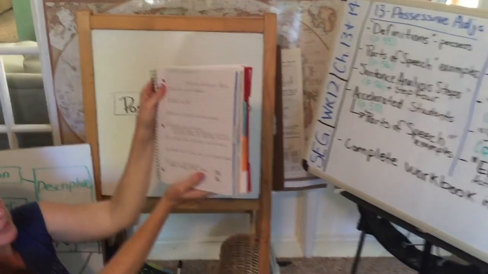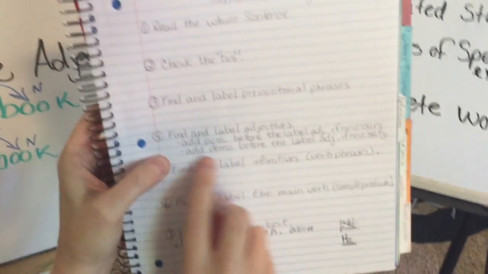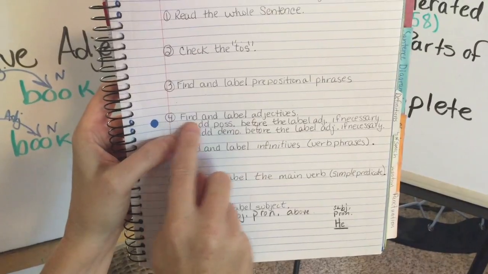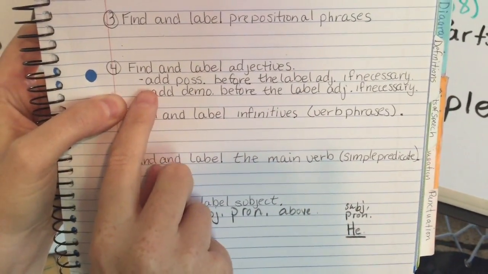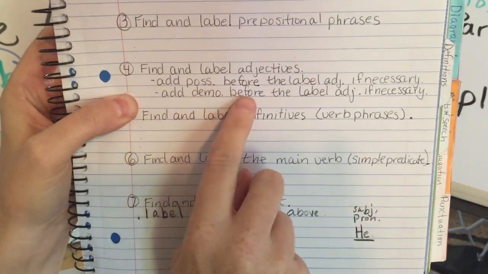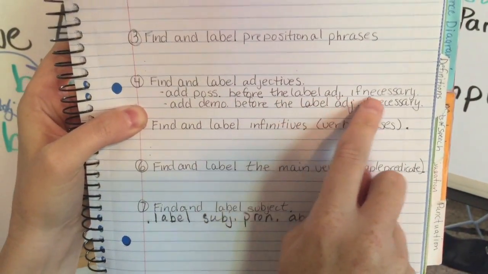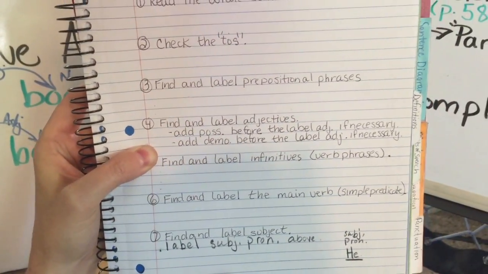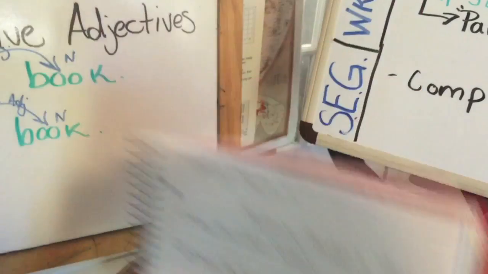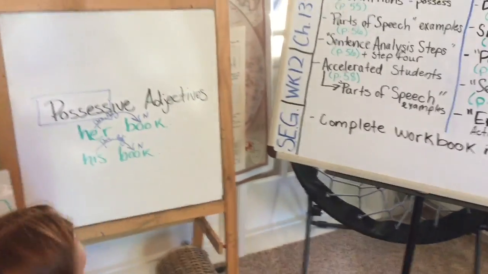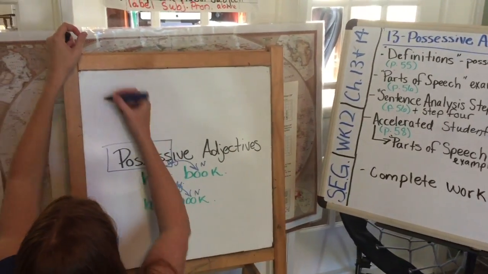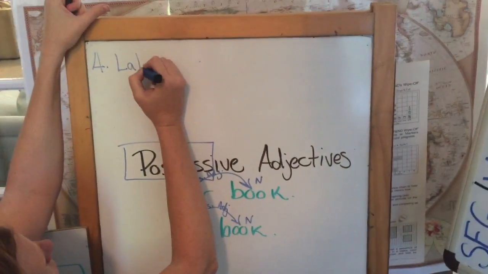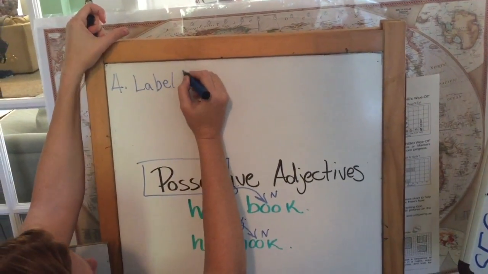We're going to do the demo next, but right now, after step number 4, I want you to write: add POSS, before the label ADJ if necessary. That's the part that we're adding right now. I did it up there really sloppily, actually. So this is what you're going to do. Number 4 was label adjectives.